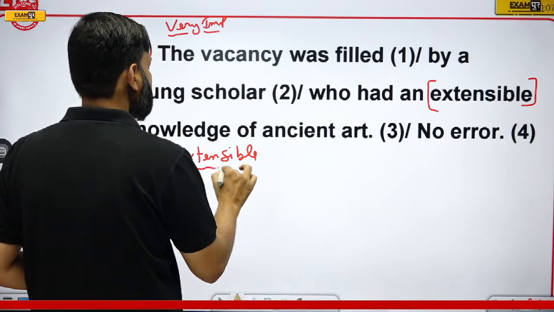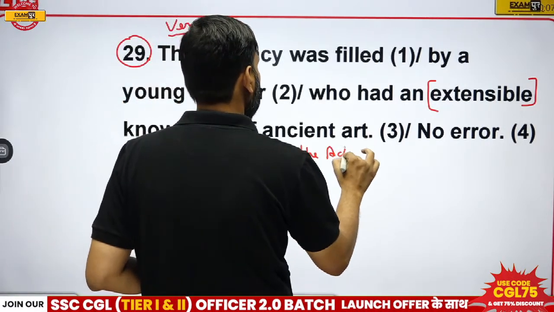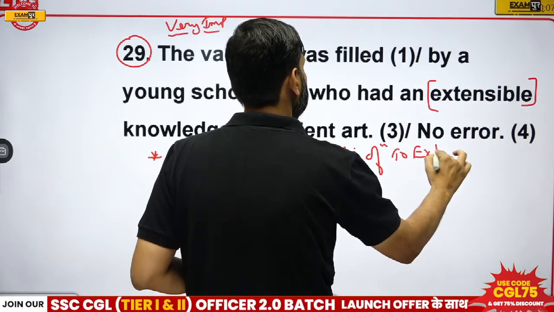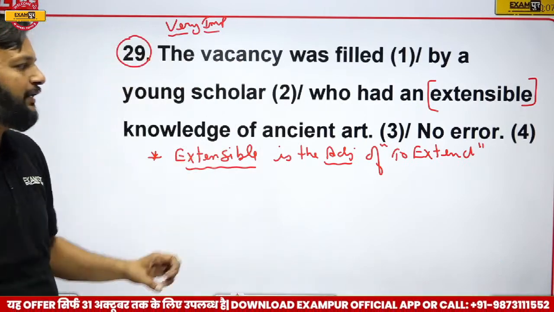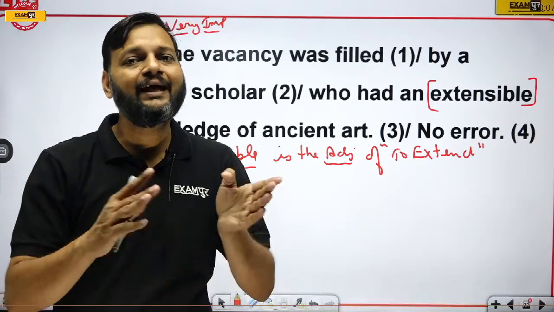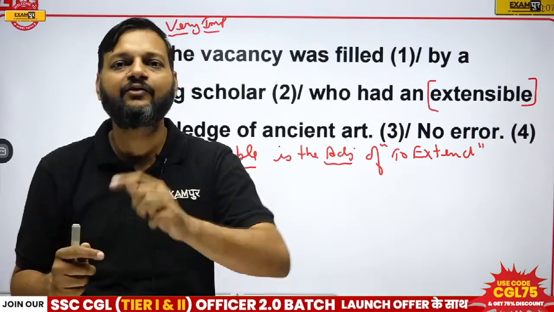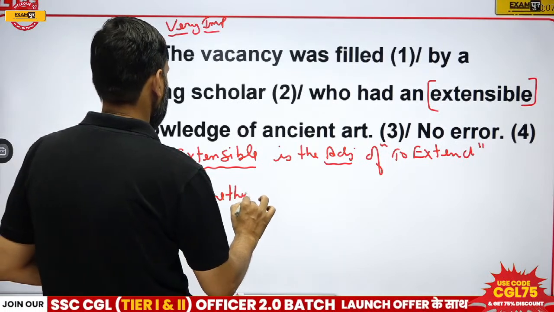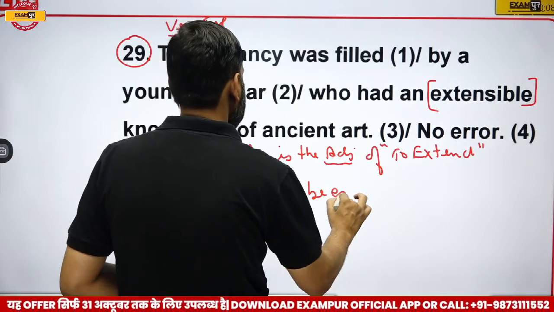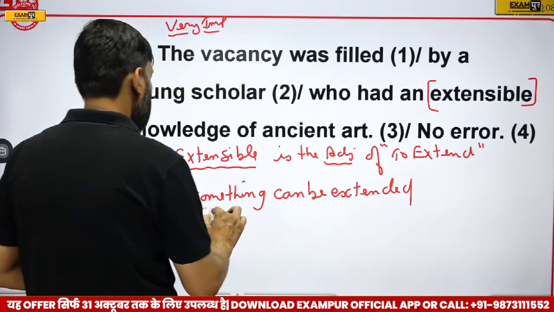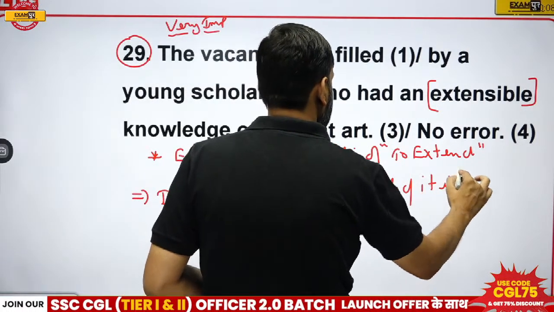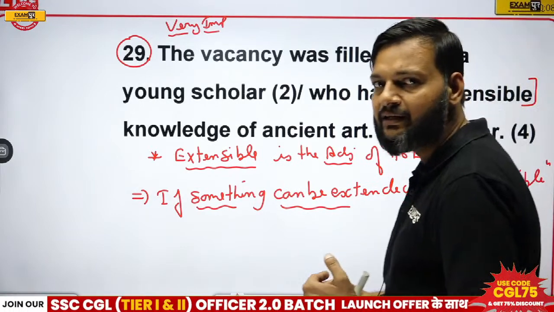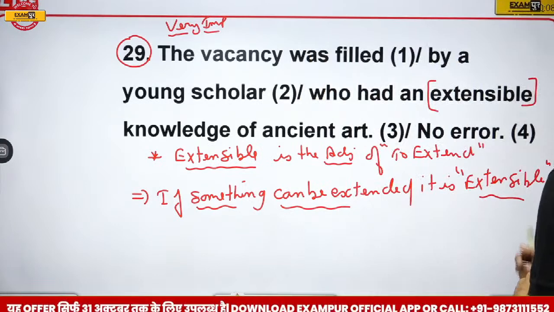Extensible is the adjective of to extend, meaning if something can be extended, it is called extensible.